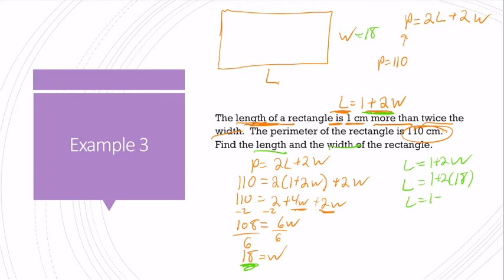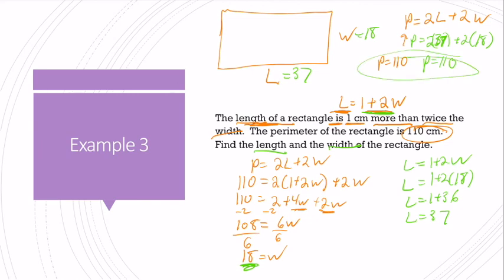Length is 1 plus 36, so my length is 37. And if I want to, I can go ahead and check my answer. Perimeter equals 2 times 37, the length, plus 2 times 18, my width, and you will see that that equals 110, which is what we were given.